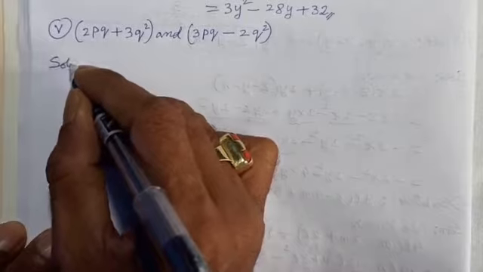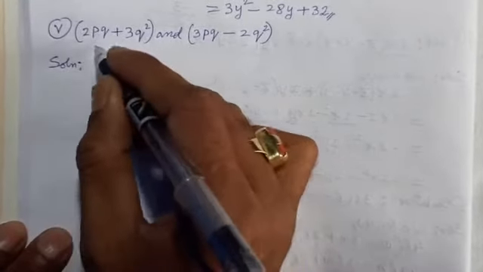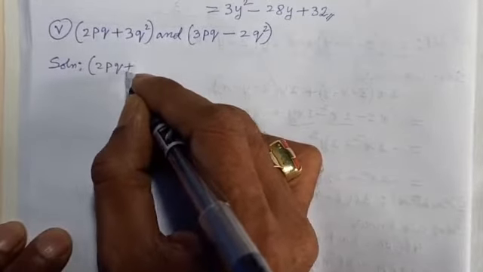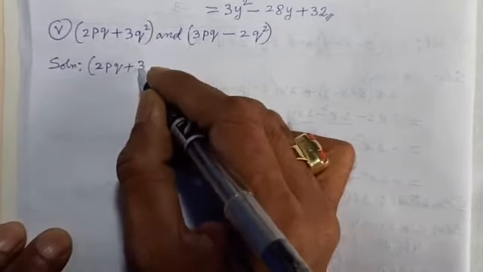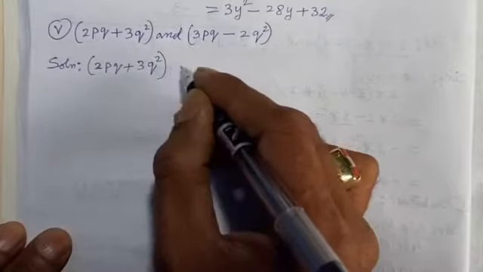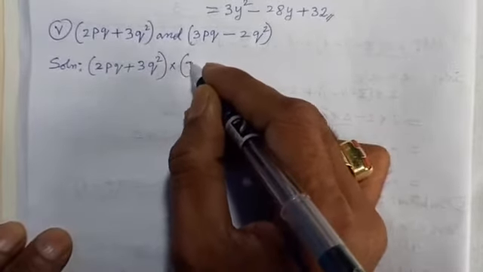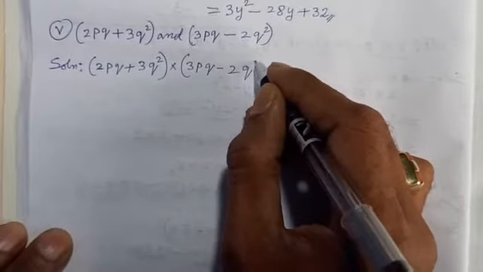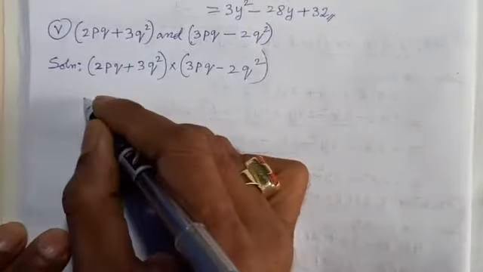Solution. This is same as Roman number 2, so first write this 2pq plus 3q squared into this 3pq minus 2q squared, bracket close.